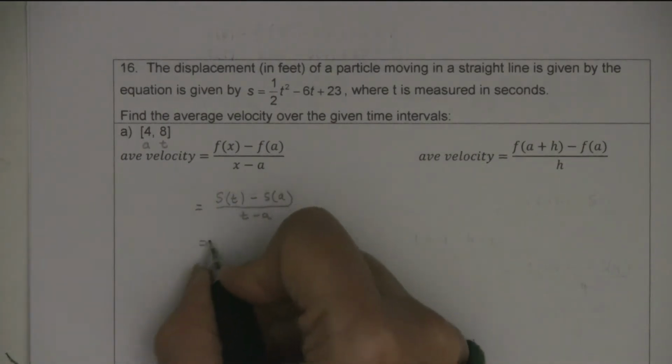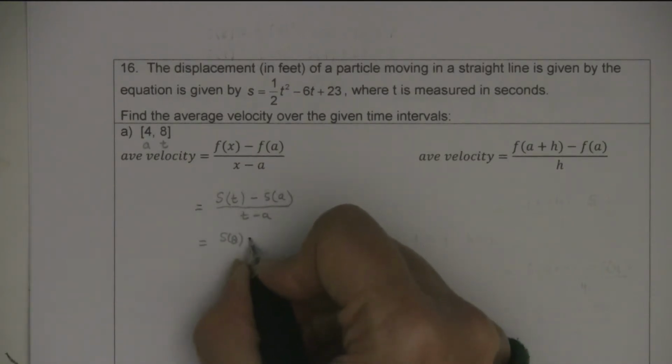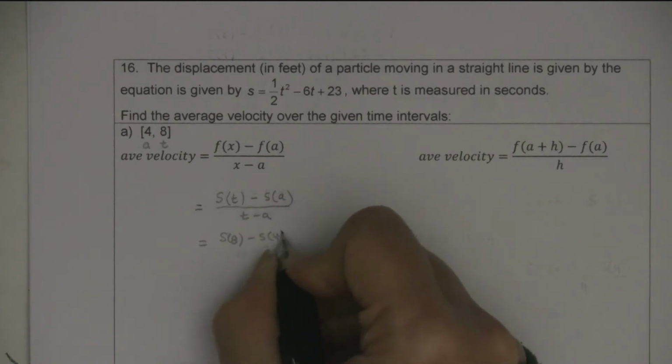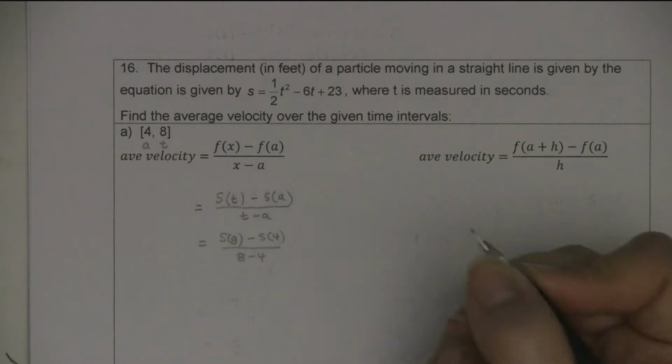So this becomes, if I name them the way I have named them, S at 8 minus S at 4 divided by 8 take away 4, right?